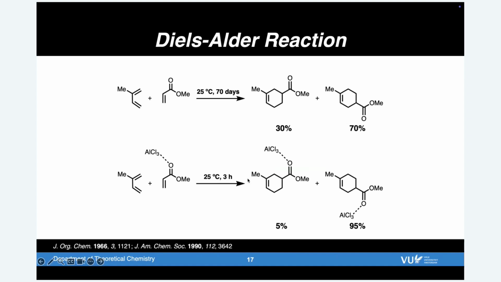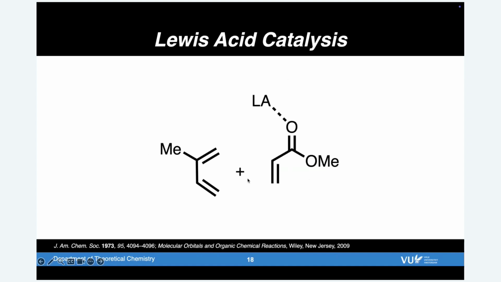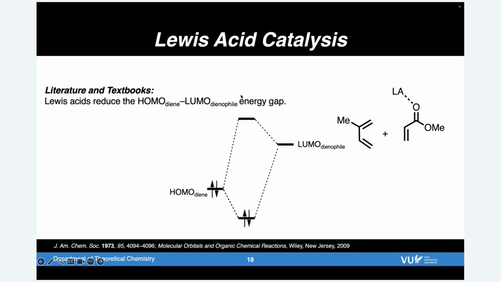Very interesting. So we set out to first understand what is the origin of this effect of the Lewis acid. So we jumped into the seminal work in JACS published by Houk, and it's always nice to check the textbooks.